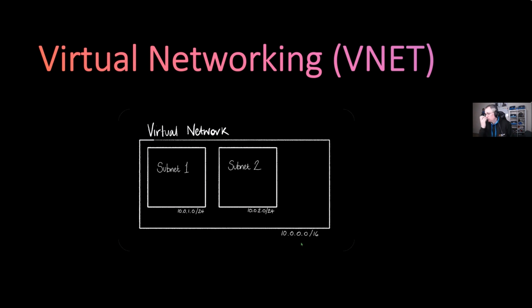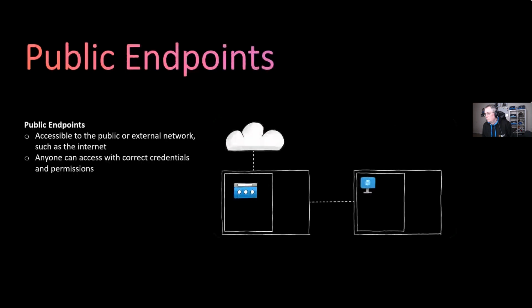And these are a way of restricting traffic in and out of a subnet. It's a way that you can control what is happening to your resources and which resources can talk to each other. So this is the base unit for controlling the communication between the various resources within Azure.